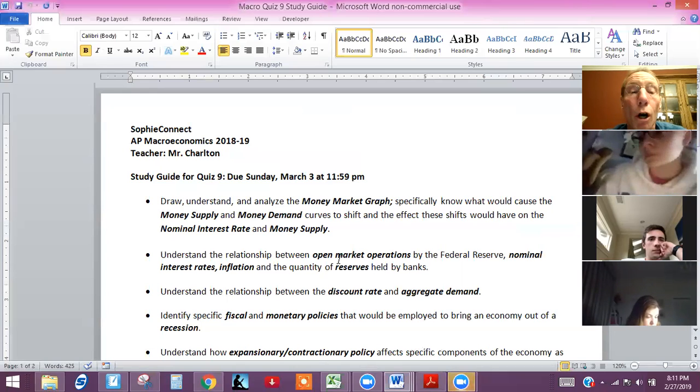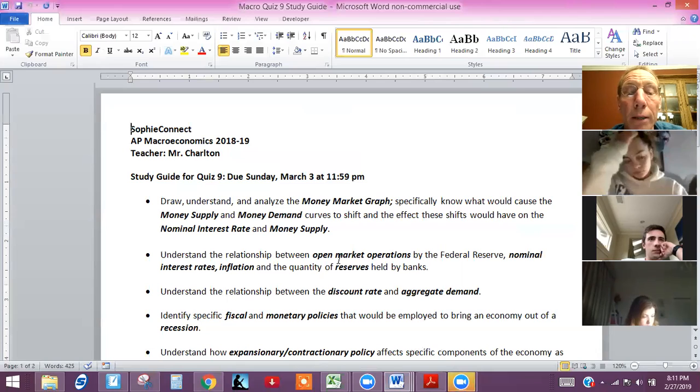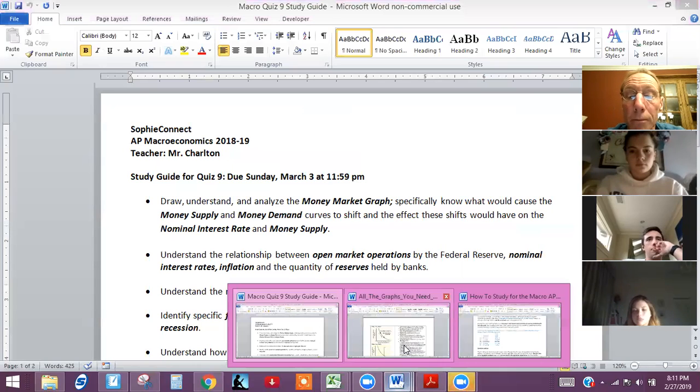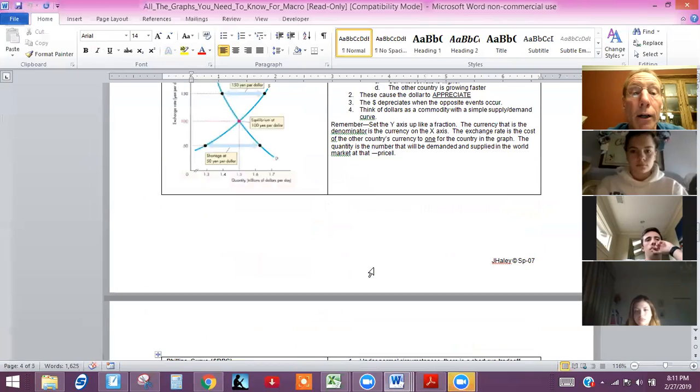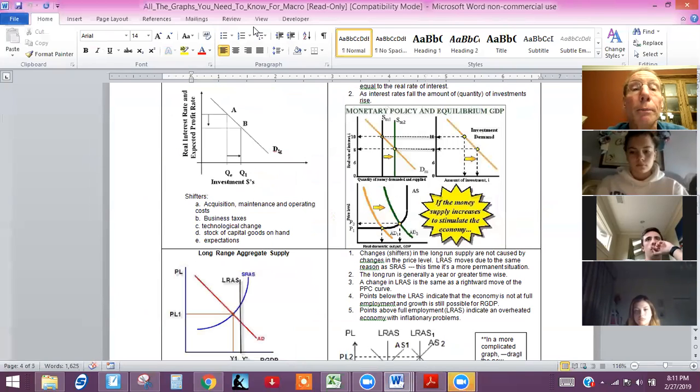Specifically know what causes the money supply and money demand curves to shift, and the effects these shifts would have on the nominal interest rate and money supply. Okay, so a money market graph, what does that look like? Well, if you don't know, which you should know, but if you don't, you can certainly look at this handout right here. Let me make it a little bit bigger.